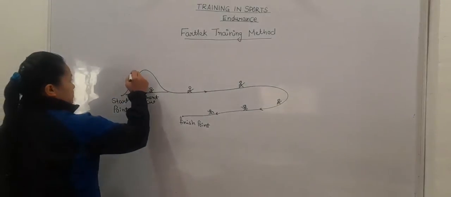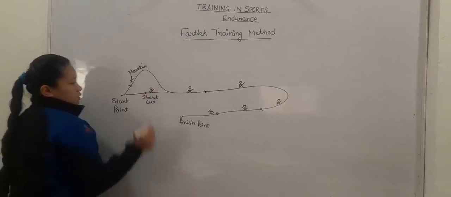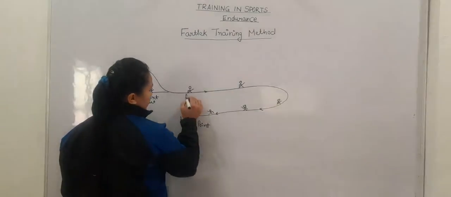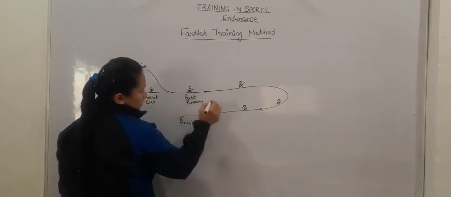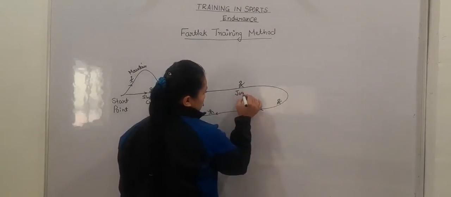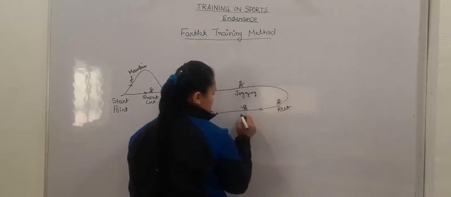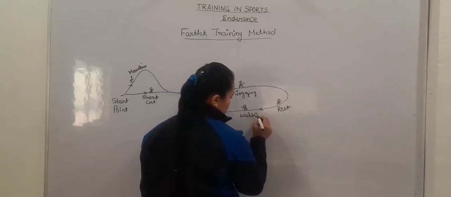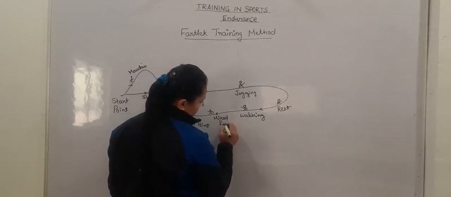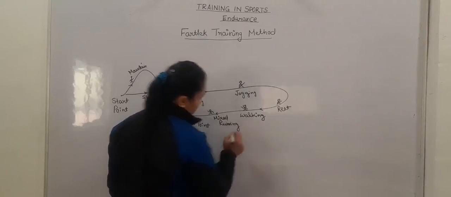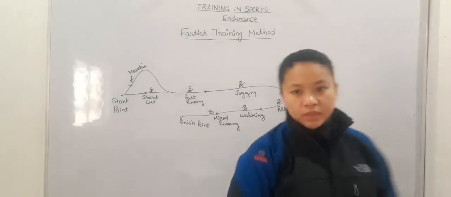Okay, he may use shortcut, mountain, fast running, jogging, rest, walking, mixed running, etc. He is free to run from starting point to the end point.